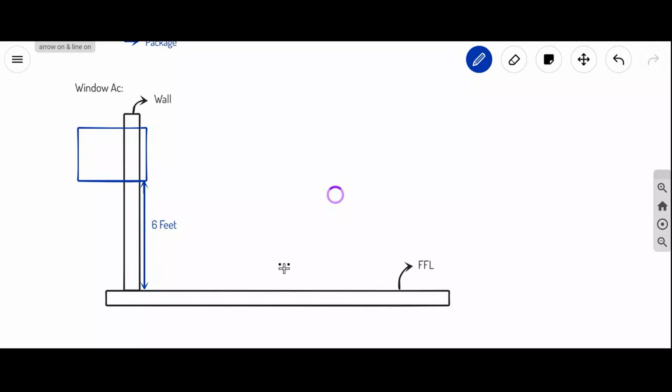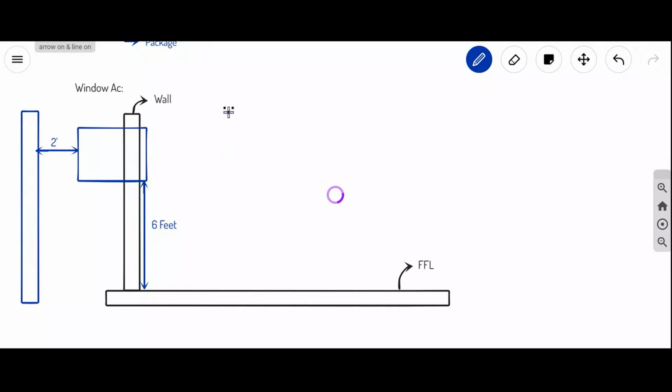It is the minimum. Okay. If we have one more building here, there should be a clearance of 2 feet.